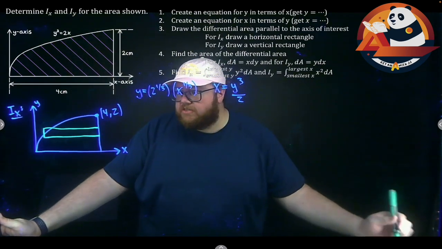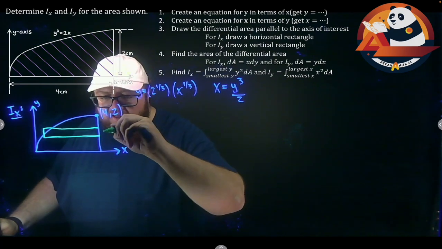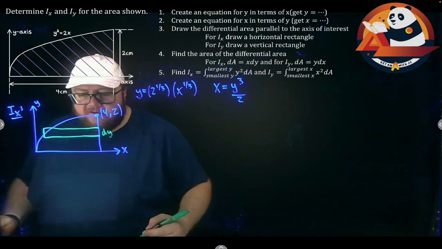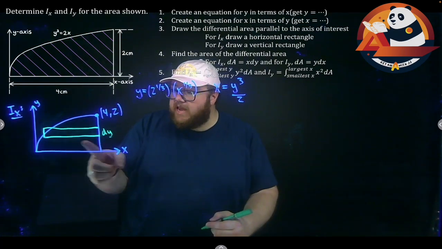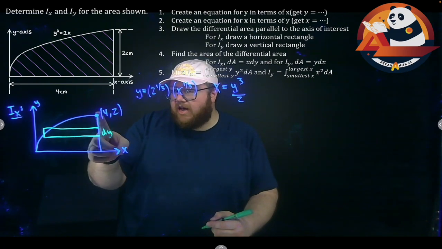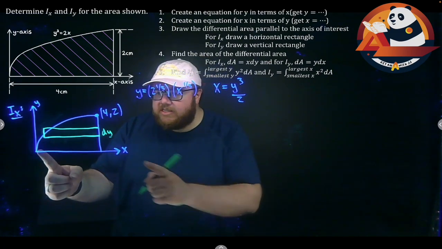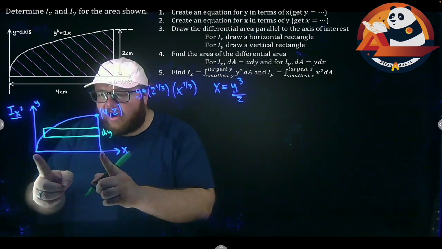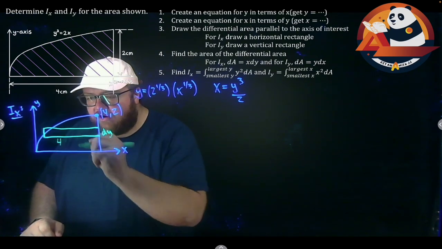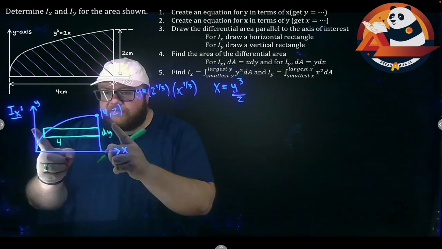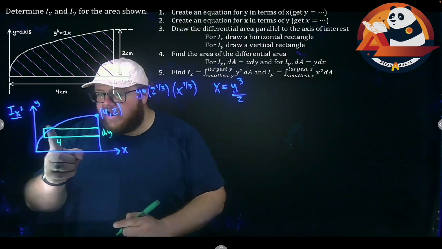The height of this should just be, well, that's infinitely tall in the y, so that's a dy. But the width of this isn't just going to be x, because x measures to the line every single time. I could say, though, this entire thing is 4 wide, so we'll start there, 4. And then I need to subtract off from that a little bit from the y-axis to my line.